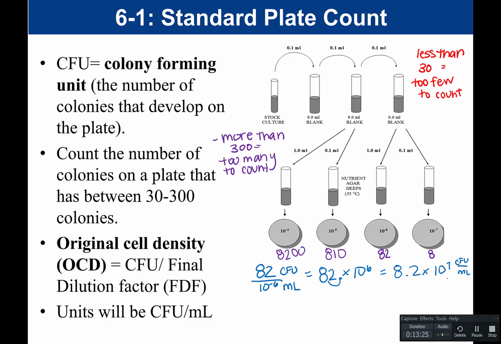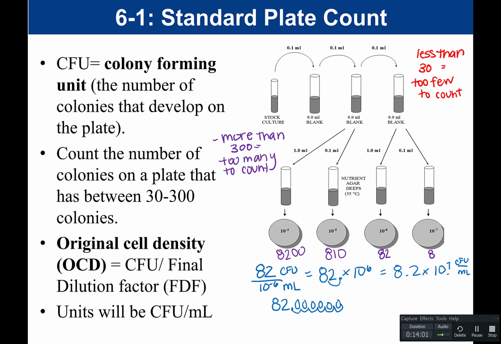Now, if you're struggling with what to make this exponent when you convert it from 82 to 8.2, what I would recommend doing is draw it out and then work backwards. So let me show you what I mean by that. 82 times 10 to the 6th would be the same as, there's the decimal point, move it 6 places: 1, 2, 3, 4, 5, 6.